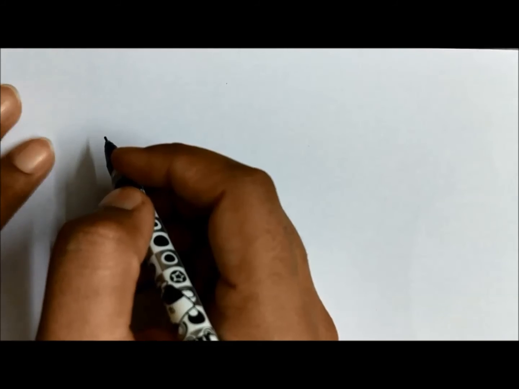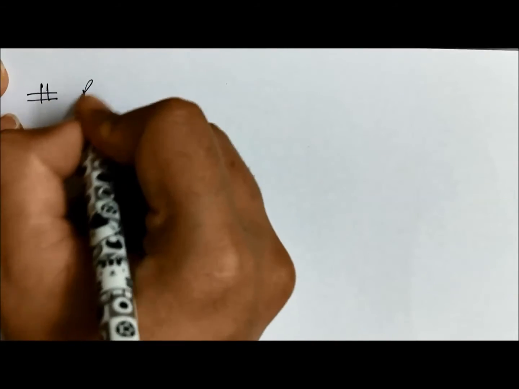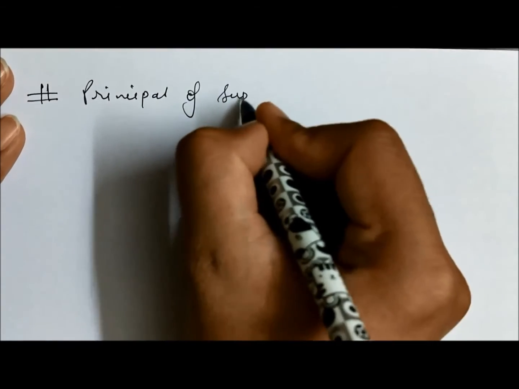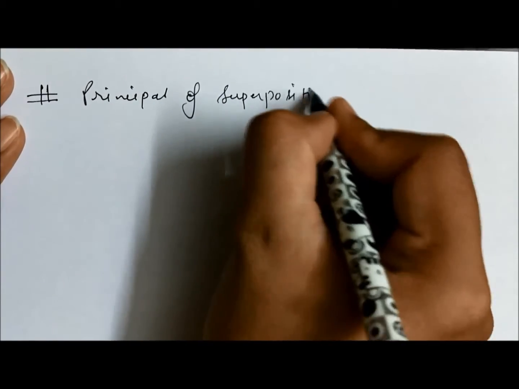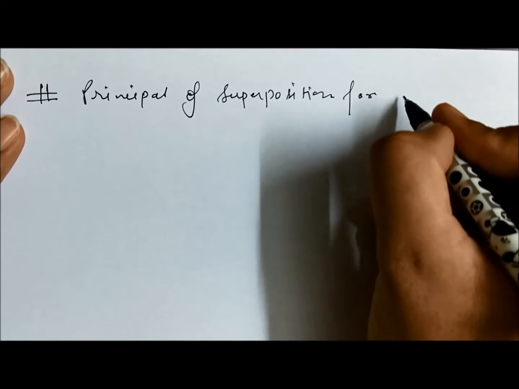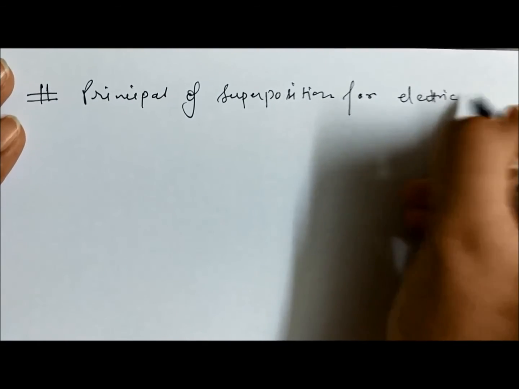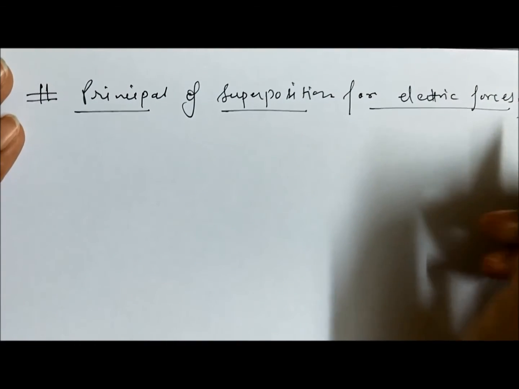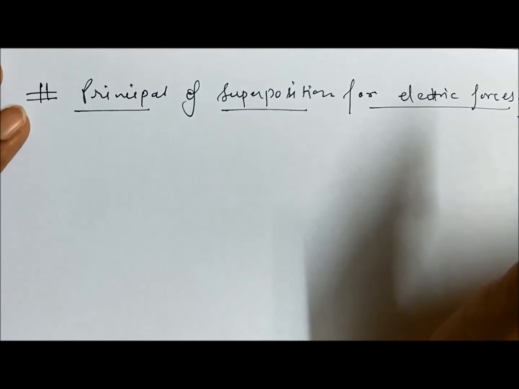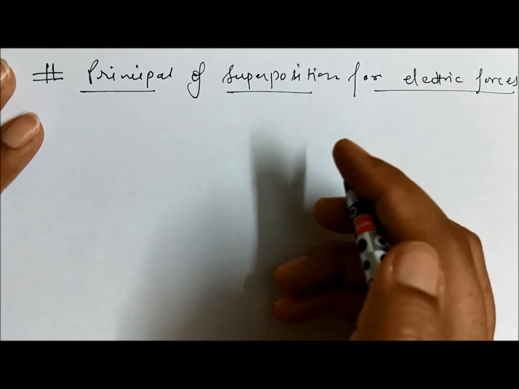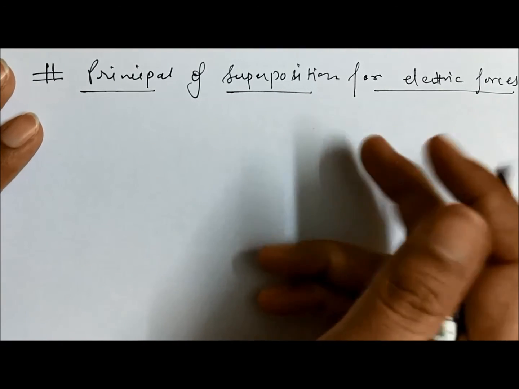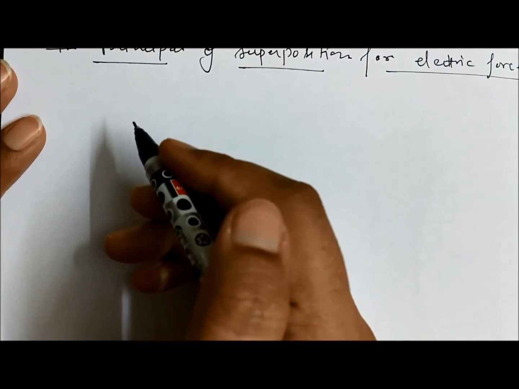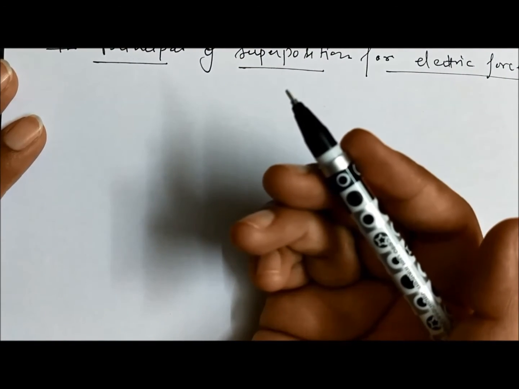Now let us understand the principle of superposition for electric forces. The principle of superposition states that when a number of charges are interacting, the total force on a given charge is the vector sum of the forces exerted on it.